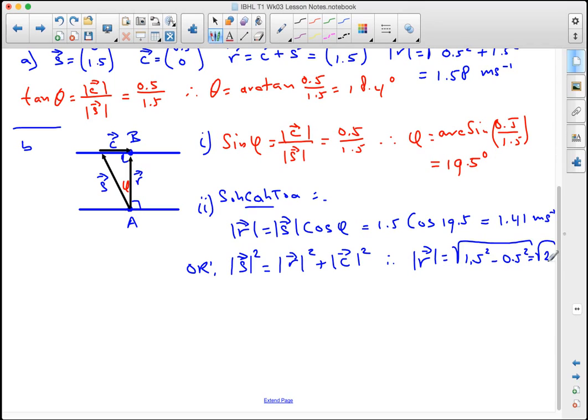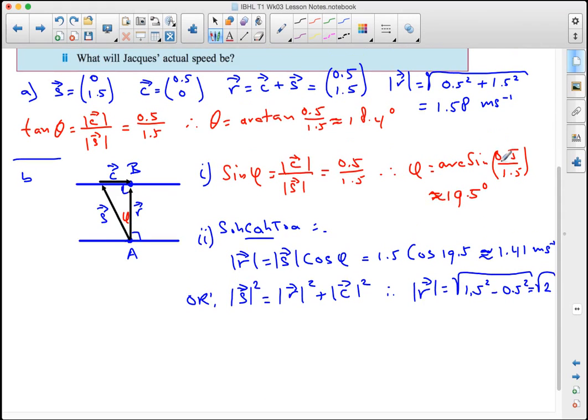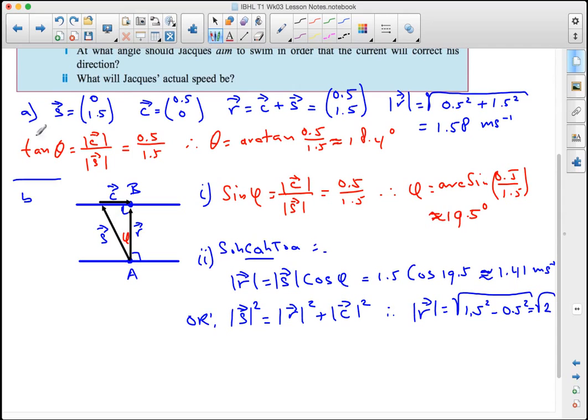And as you may know, the root of 2 is 1.41, although that answer is approximate and this is an exact answer. And I should have done that here as well. These are approximate answers, really. So we want to get our notation right, then we need to stick to that. So that's example 1 of 15a.